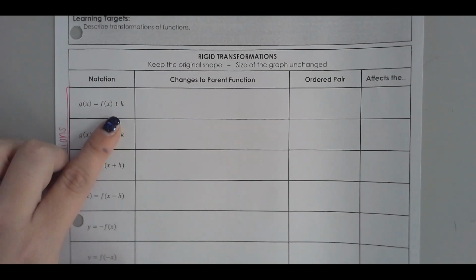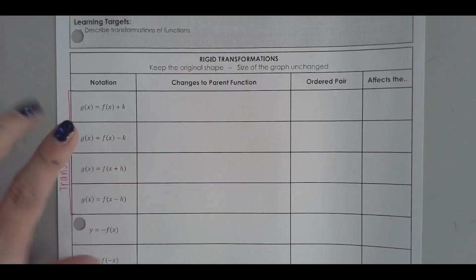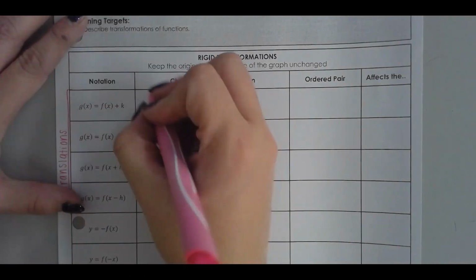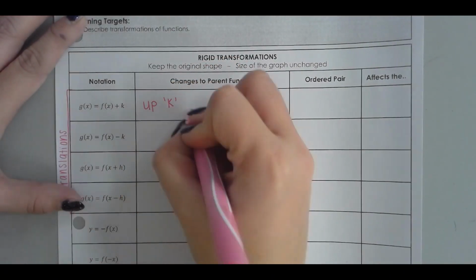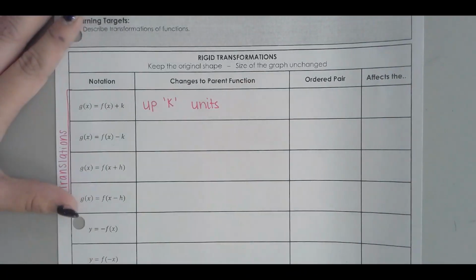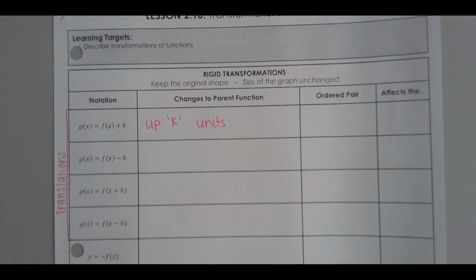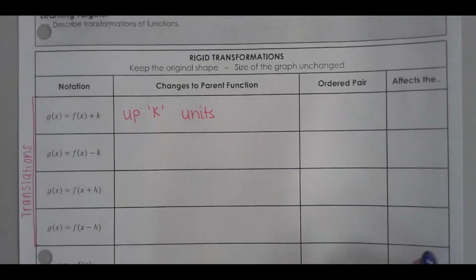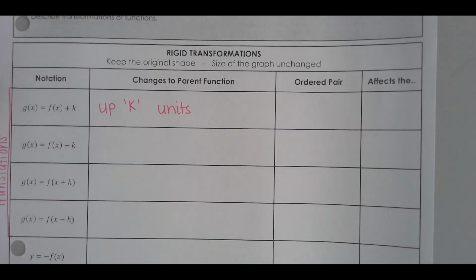And you add a number at the end. What that's going to do, it's going to go up k units. So if you have f of x plus k, so a number added at the end, it goes up k.